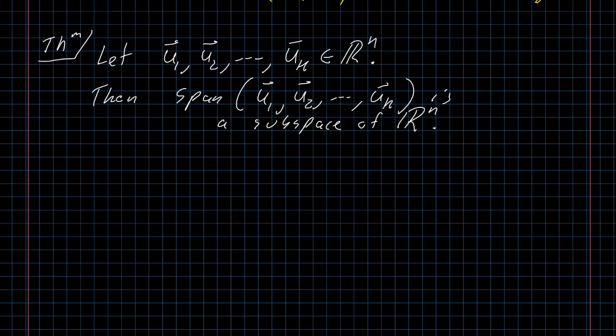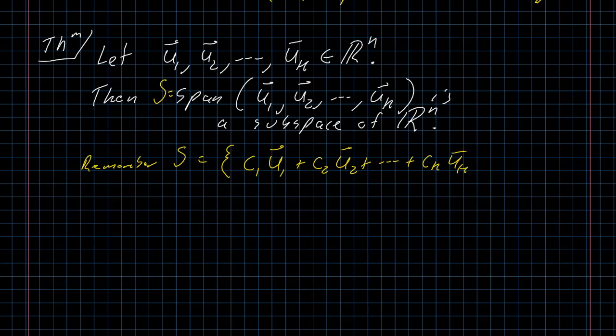Remember that the span of a set of vectors, let's call it capital S just to give it a name, is the set of all the linear combinations, C1U1 plus C2U2 down through to CKUK.